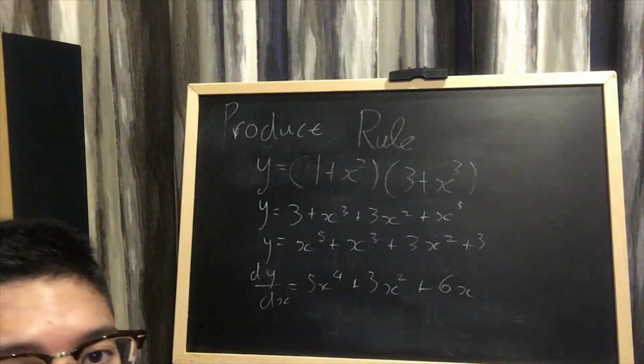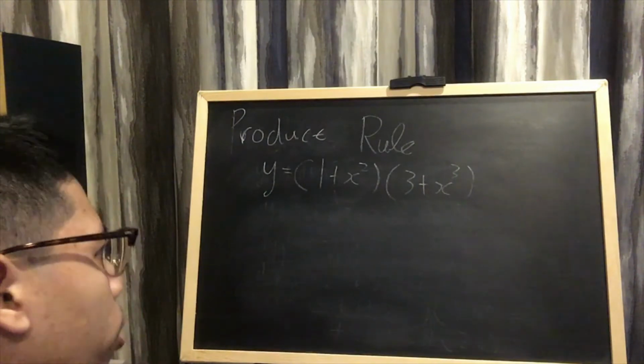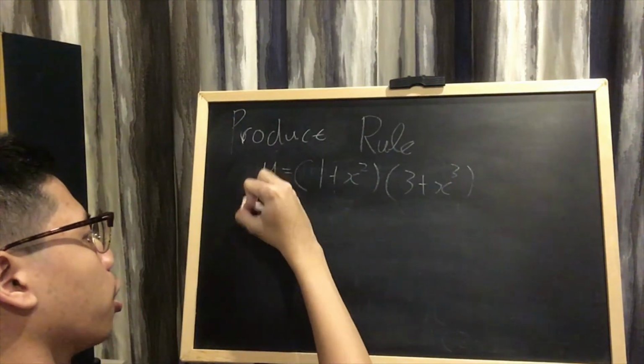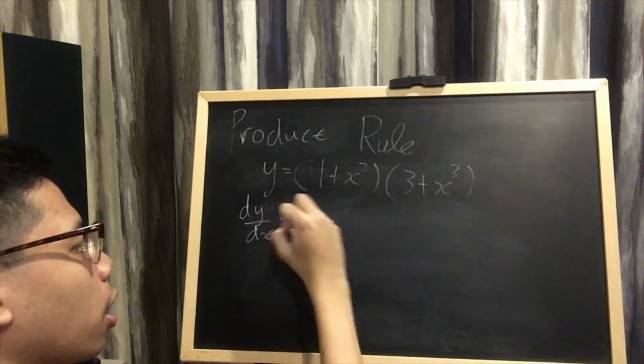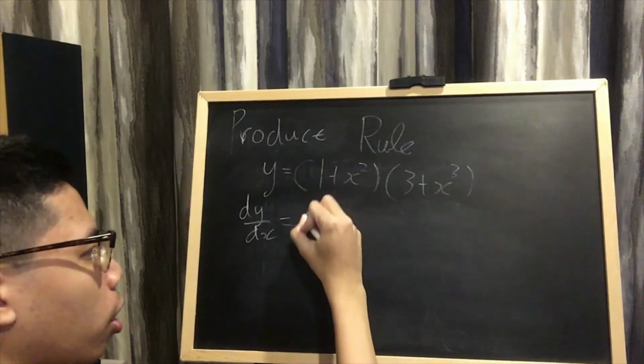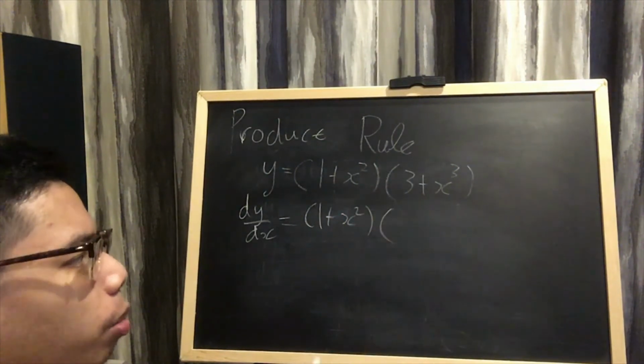That's just dy/dx. Now if I'm going to do the product rule, I'm just going to go ahead and dy/dx it early on, and then u v prime.